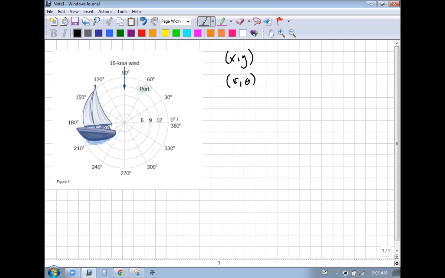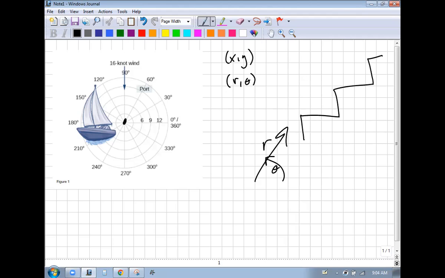If you were at sea, you might want to know which direction to look in and then how far to go in that direction. That might be more useful than how far to go left and right and up and down. You want to turn and then go in that direction. You don't want to travel like this. You want to know what angle you need to go in and how far you need to go. Does that make sense?